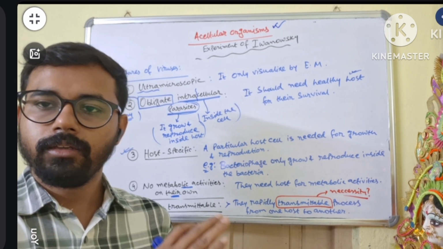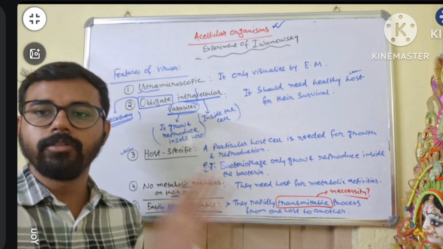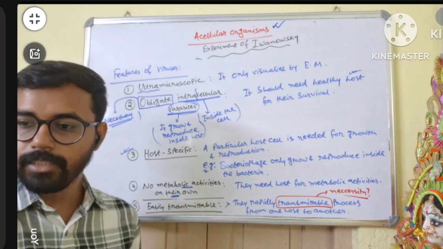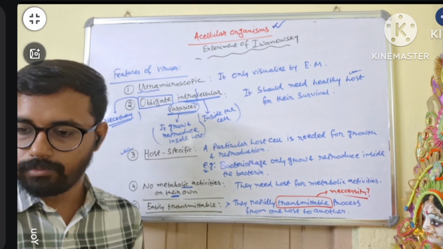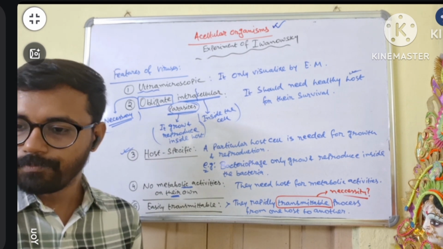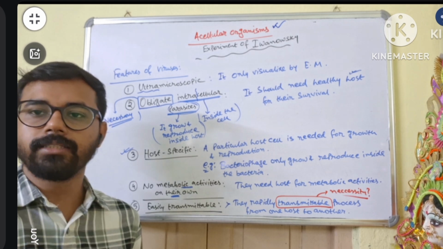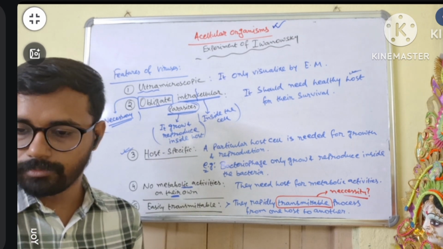And it is a very swift, easy, rapid process compared to other cellular organisms. That means virus can spread easily. We can easily conclude: yes or no? Compared to other organisms, viruses spread easily and rapidly.